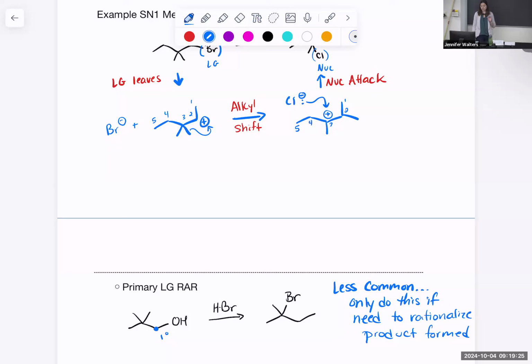So you wouldn't normally predict this to be an SN1. You would only do this mechanism if you were told that you had to get the rearrangement. So then knowing that I have to find a way to do it, then I know that it had to be SN1, right? So this would be like a minor product, and you're just trying to rationalize what you observe.